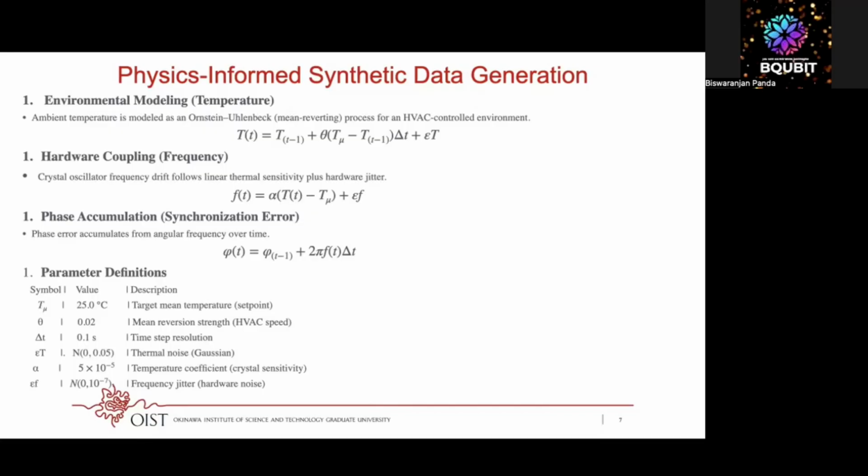Here we have created our data by using this equation. It's not so important, but for your reference, I have given the slide here. So we have created our data by using these equations: temperature, frequency, and phase.